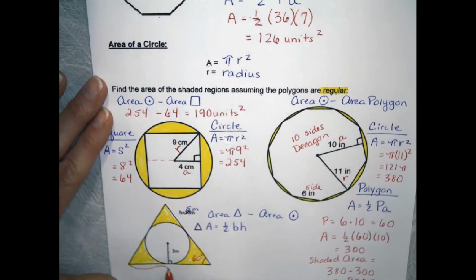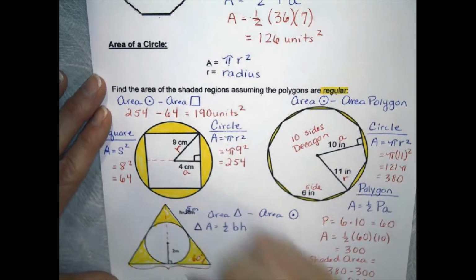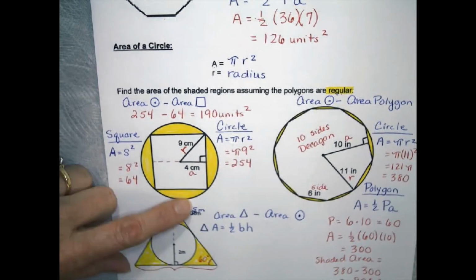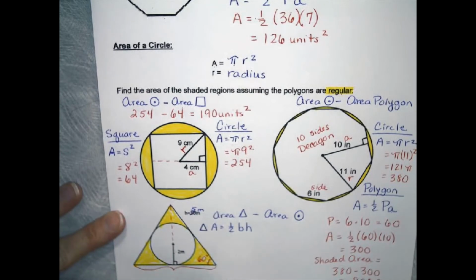Because this is a 60-degree angle, if I were to extend this line, I would have a height of 5. This would create a 30, 60, 90 right triangle. Therefore, half of this base here would actually be the long side of 5 divided by the square root of 3.